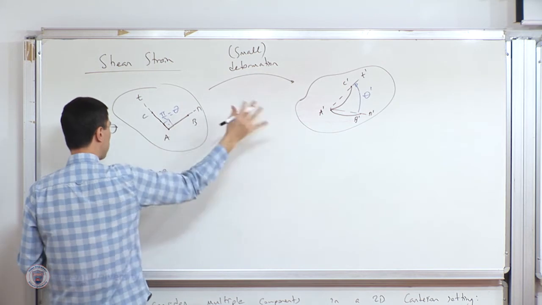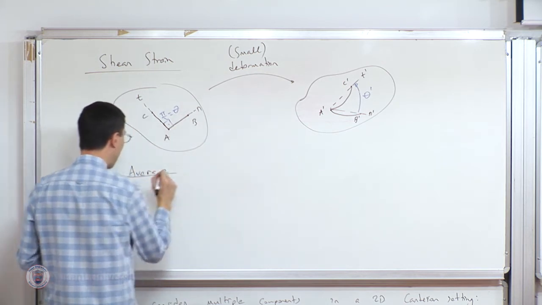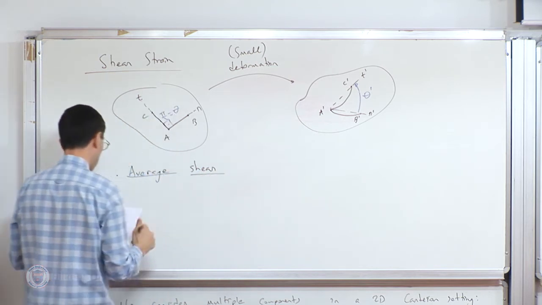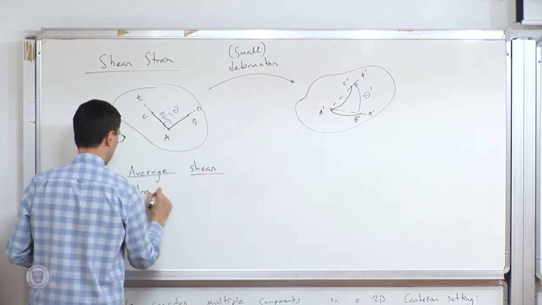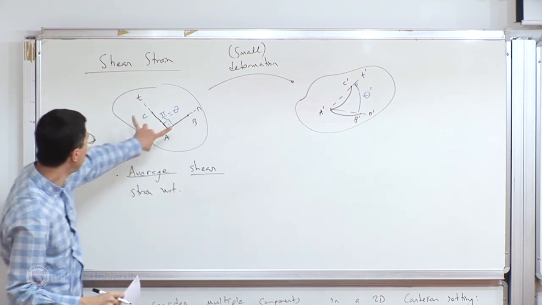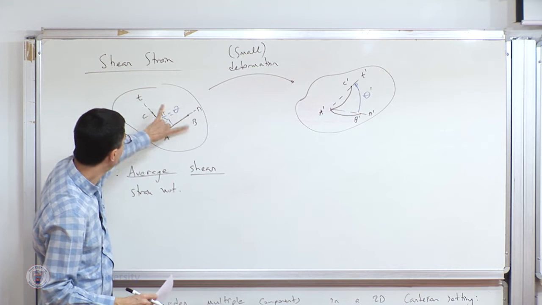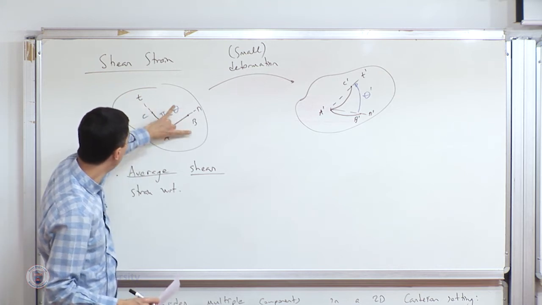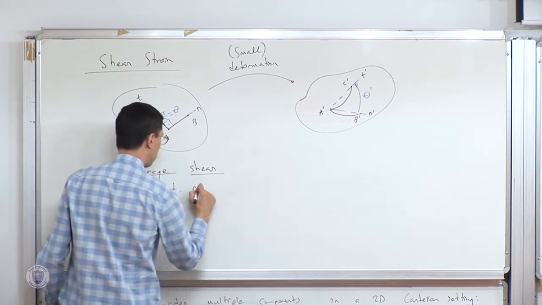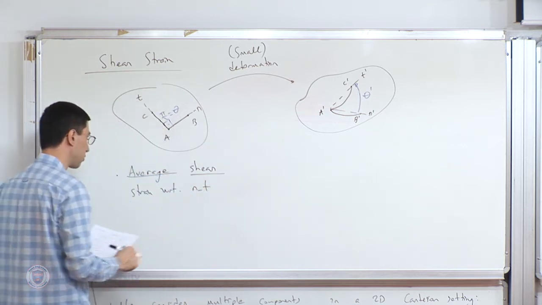Now, with this picture, that shear strain is going to be an average strain. I'm talking about the average shear strain. And I'm not talking about average shear strain with respect to any choice of N and T. They could have rotated in any particular way. I'm choosing this particular pair. So strain with respect to N and T directions.